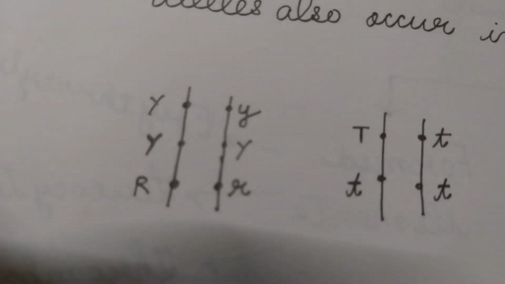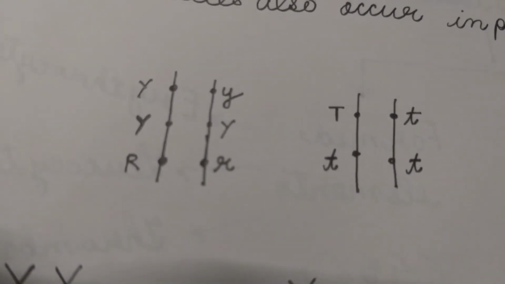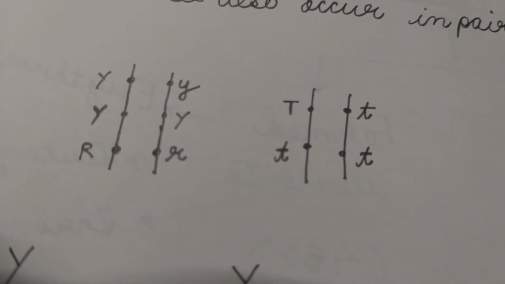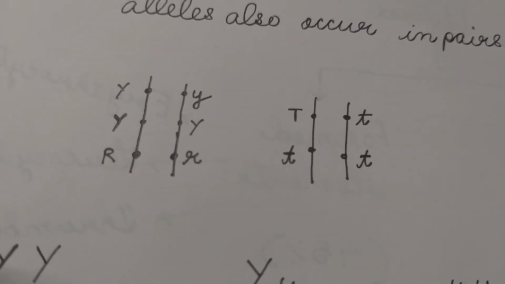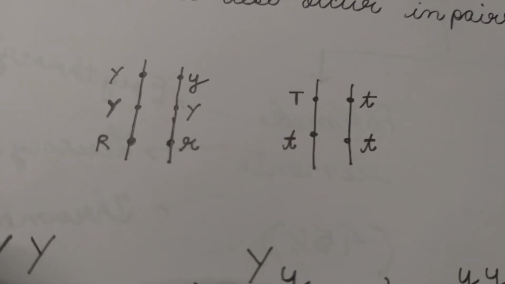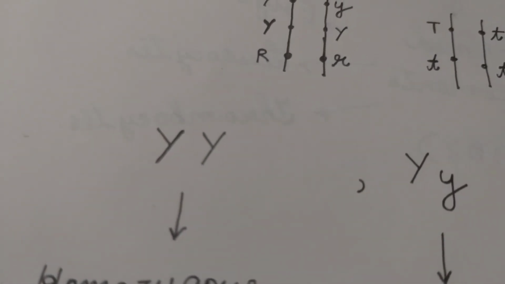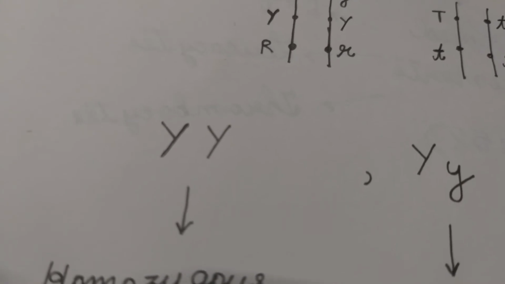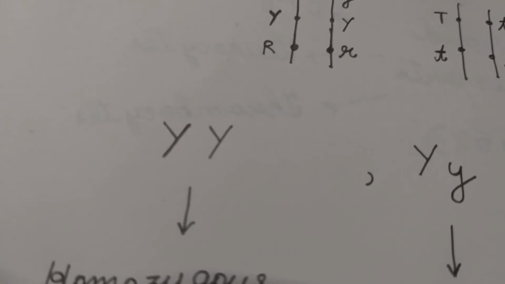That is why in diploid organisms, whenever you want to represent a diploid organism, we represent it by two letters. Capital Y, this is a diploid organism. It is a garden pea plant having yellow seed.